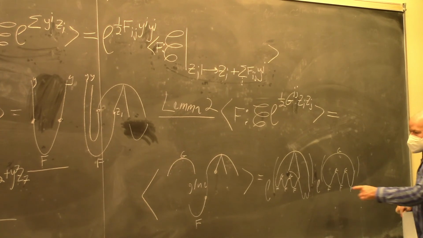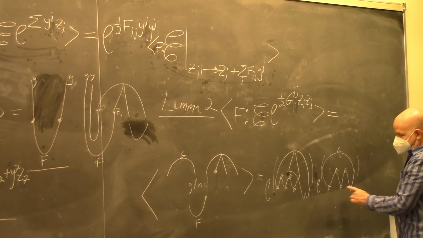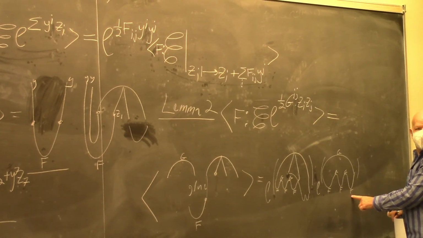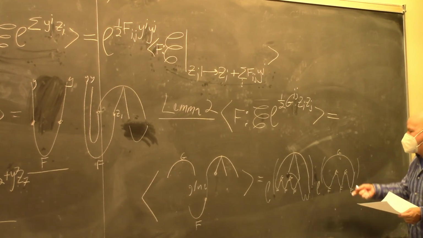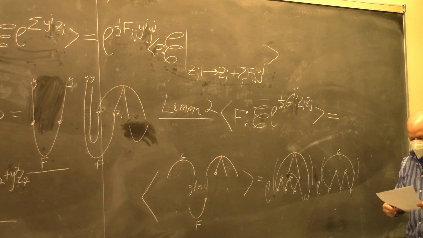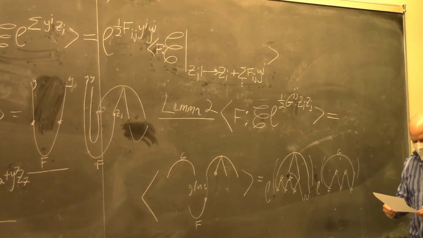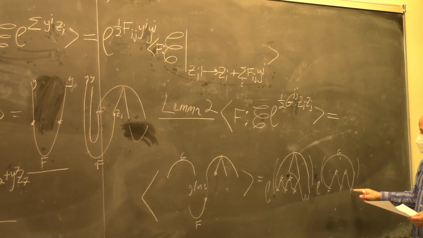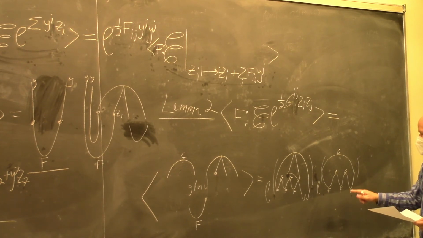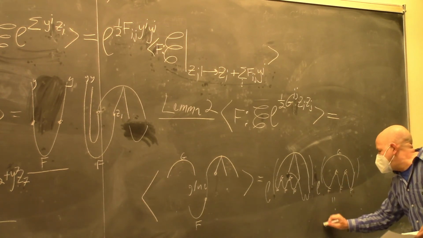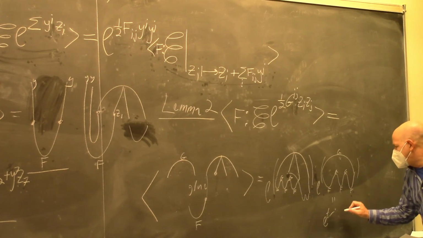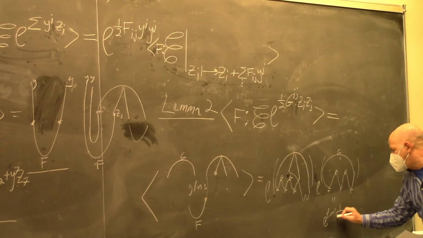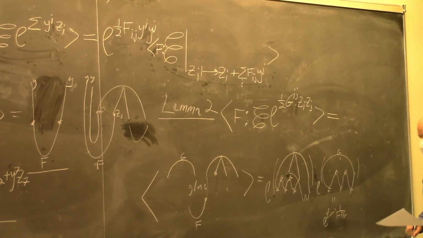Now, this we've computed. We computed it first intuitively, and then it actually followed from the differential equations we wrote. So this is just the determinant. So this is e to the trace of 1 over 1 minus, so the sum of the geometric series.